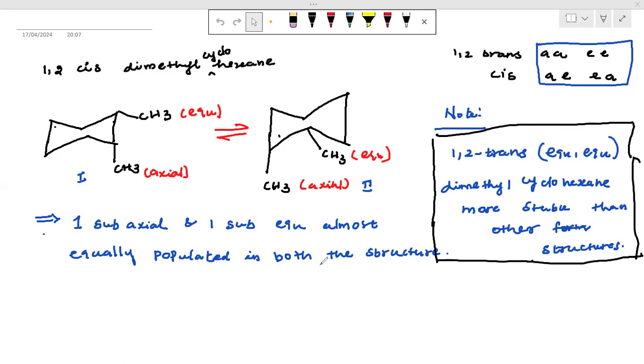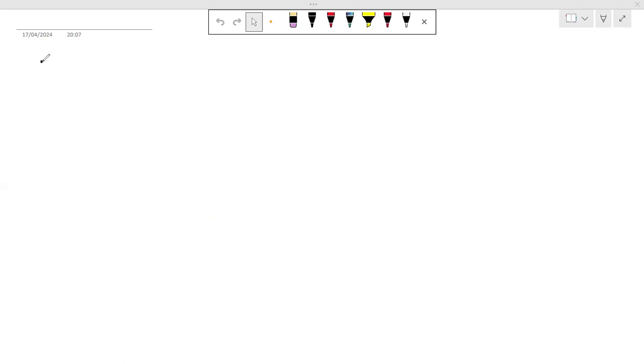Next one, we move on to 1,3 disubstituted cyclohexane, 1,3 dimethyl cyclohexane.